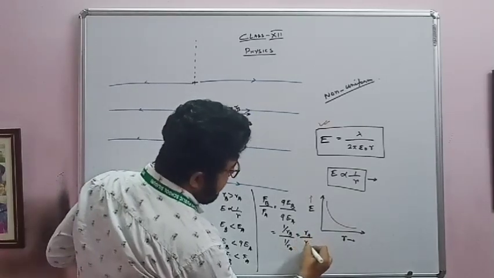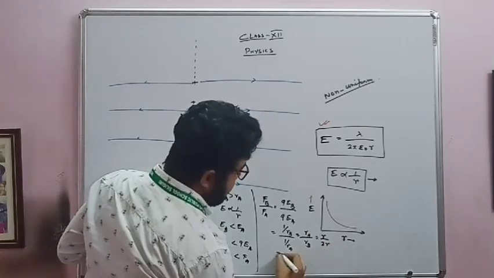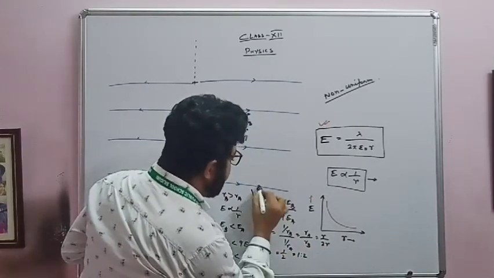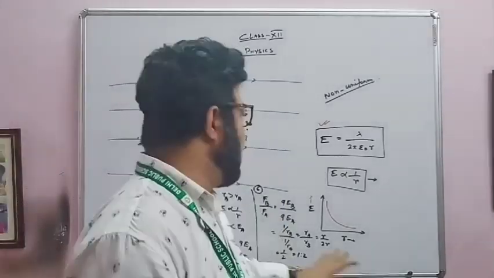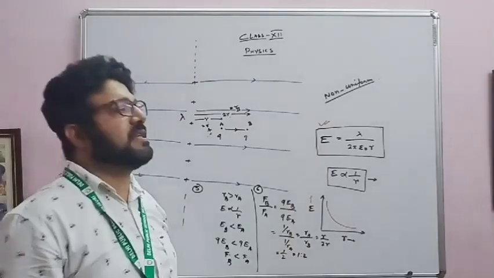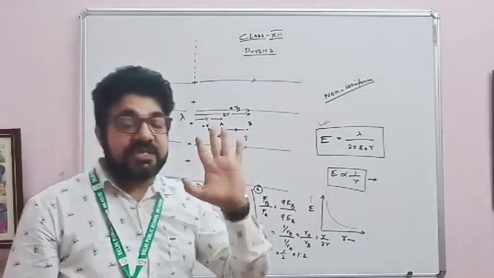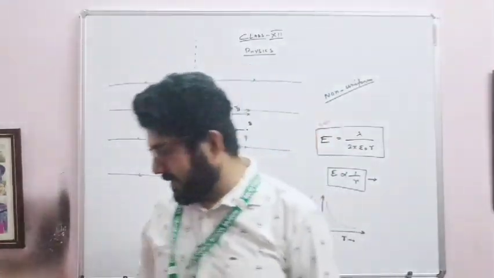So R_A by R_B. Now R_A is R and R_B is 2R. So what do you have? 1 by 2, or you can write 1:2. So you understand, from one topic, how many questions can the examiner raise? 1, 2, 3, 4, 5, 6. Six types of questions they can raise.